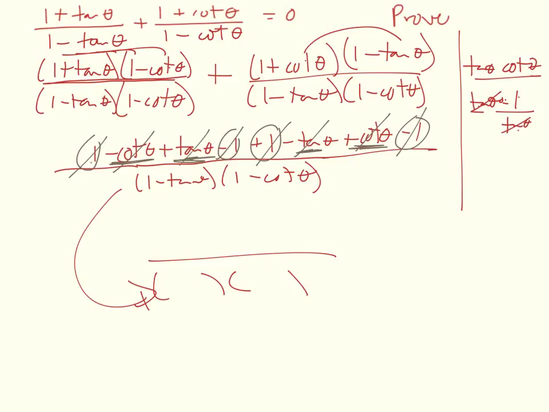They all cancel out. So on the top, 1 minus 1 is 0. The whole top comes out to 0. And so if I have 0 over anything, the answer is just 0. And that's what I was supposed to come up with. So that's one way you can prove that that's an identity.